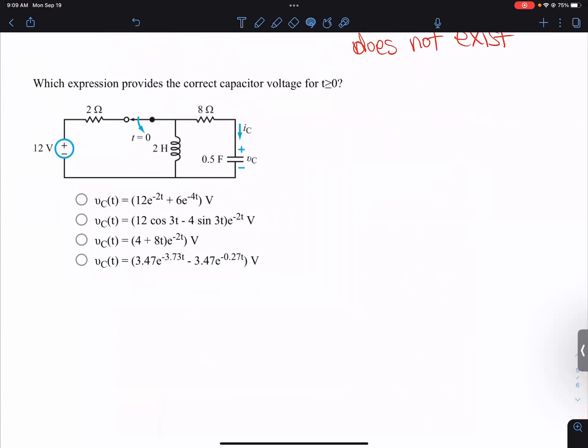Wait, that's supposed to be parallel? It looks like a series. Again, where do you find whether it's in series or parallel for an RLC circuit? The final circuit is where you're going to determine if it's in parallel or series. In this case, the final circuit will have it be open, and that means that the inductor and the capacitor are in parallel together.